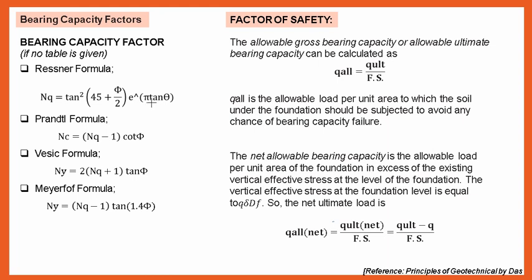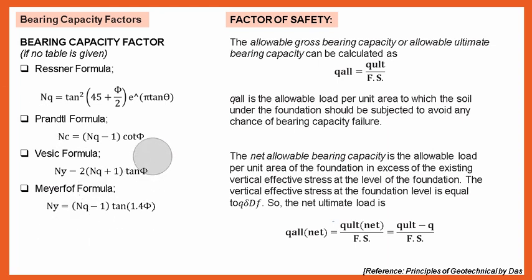So, for our N sub c, we also have a formula here. For our N sub y, we also have one here. And for N sub y, we have two: we will use the Vesic formula or the Meyerhof formula. So, either of the two, you can use.